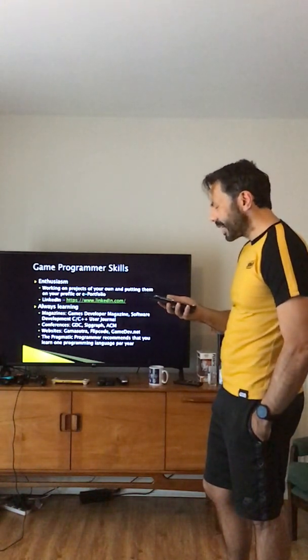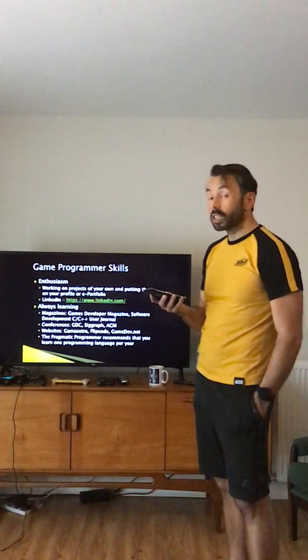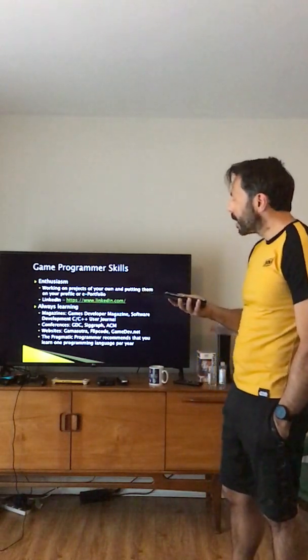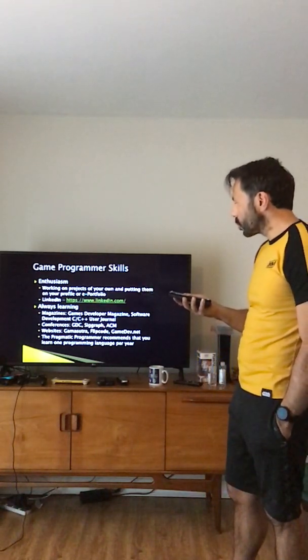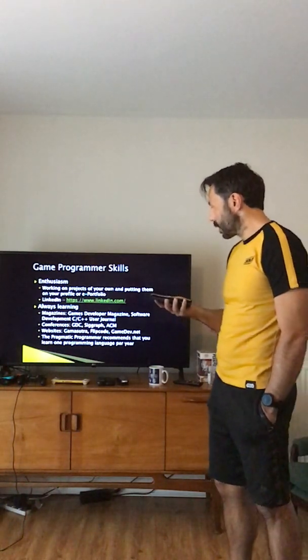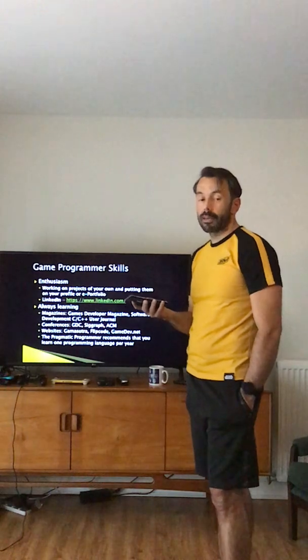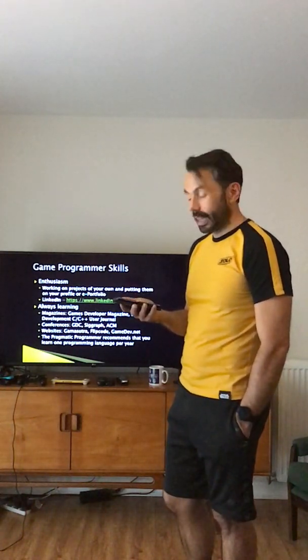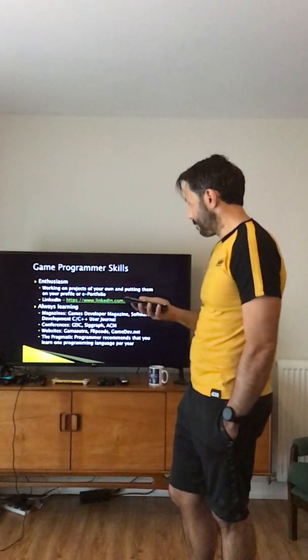You're always learning. You have an insatiable lust for learning. Magazines, journals, all to do with C and C++. The Pragmatic Programmer recommends that you should learn one programming language per year, and that will keep you more or less current.